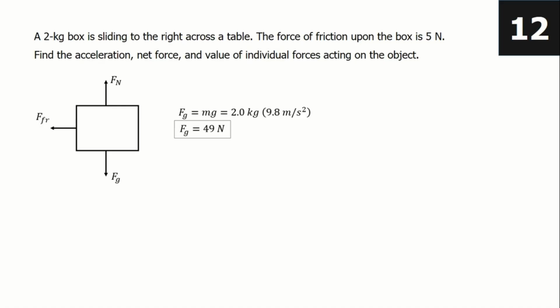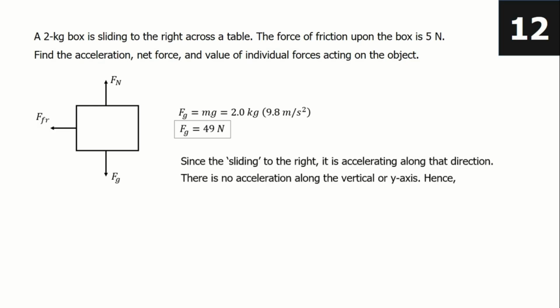So again, we can compute for the weight, the gravitational force easily. Again, it's equivalent to 49 newtons. It's sliding to the right. That means the net force is present along that axis and not on the vertical axis. So that means Fn and Fg cancel out. They have the same value.